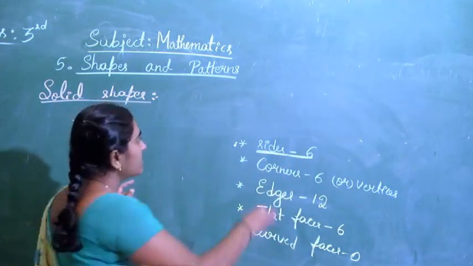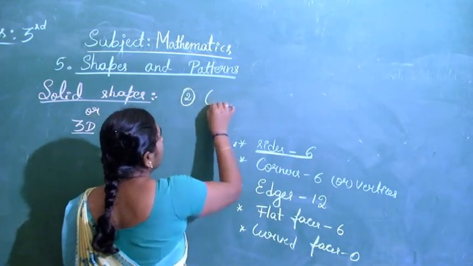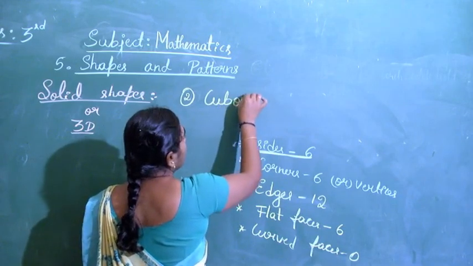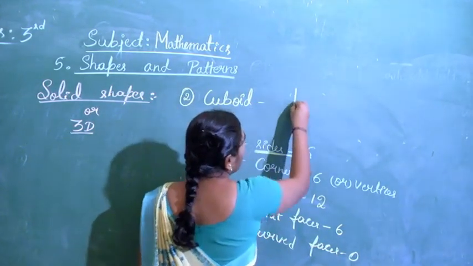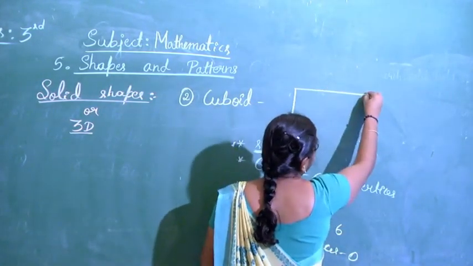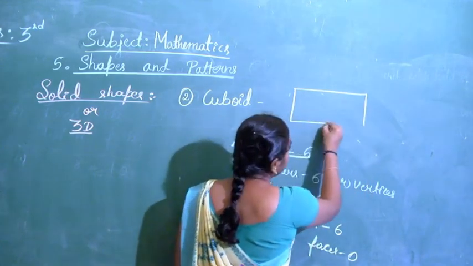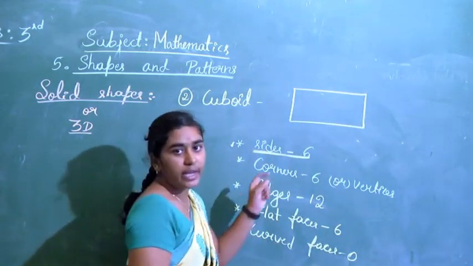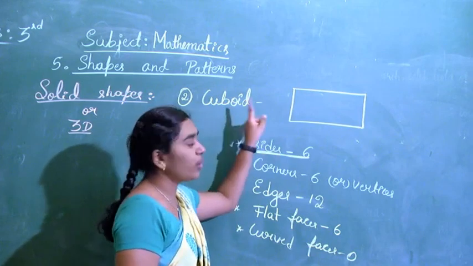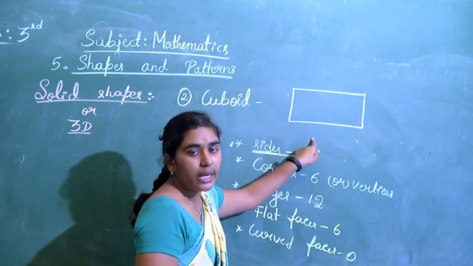And coming to the cuboid, the properties remain the same. The only difference is here not all the sides are the same. It came from a rectangle. Cuboid is formed from a rectangle.